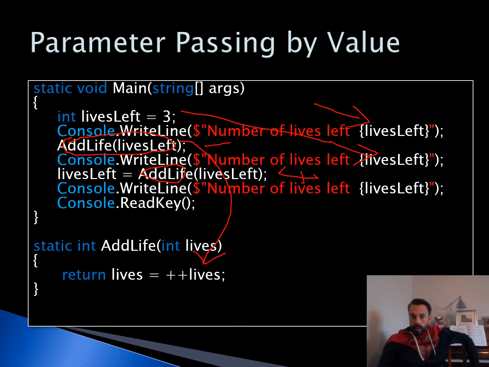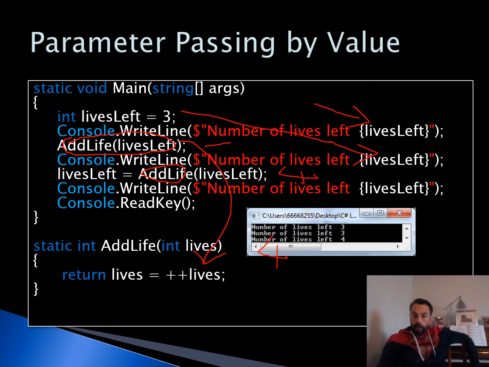Okay, so in this particular scenario, that doesn't change. You will get that value of 4, but you're only passing in a copy of that variable to that particular method at that point. You only change that when you use the method in conjunction with the variable. So this is what you get from that. You get 3, you'll get 3, and then you'll get 4 because you're actually changing that, because you're sending in a copy. Okay, so that's passing by value.